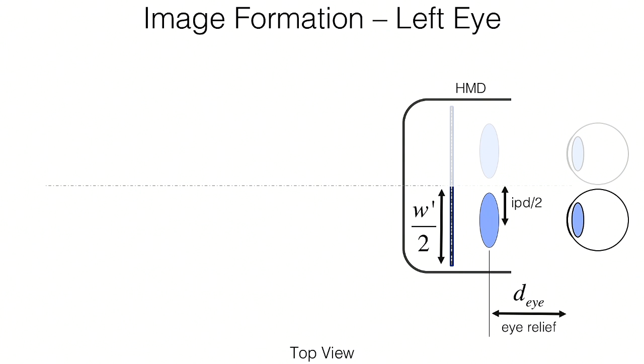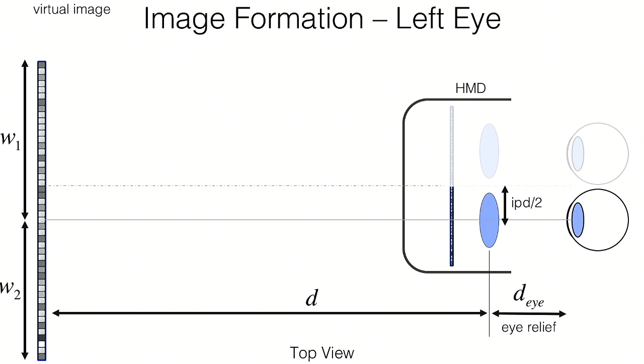If we just look at the left eye, remember that when we look through this display, we're looking through essentially a window into our 3D environment. Because the lens may not be directly aligned with the display, the lens describes the center of projection, and the display describes the window through which we're looking. We have to define this asymmetric viewing frustum.